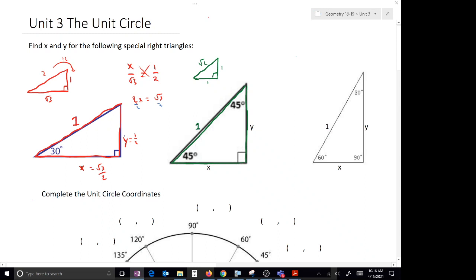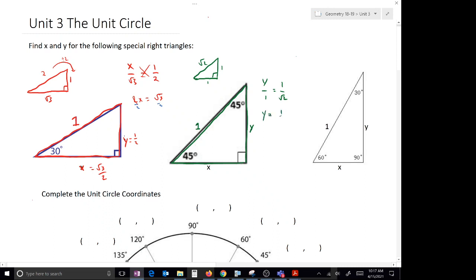So if I'm solving for y, it is going to match with 1, so y over 1 equal to the hypotenuse 1 over the hypotenuse root 2. I could cross multiply, but I've already got y over 1, so really y is already by itself.